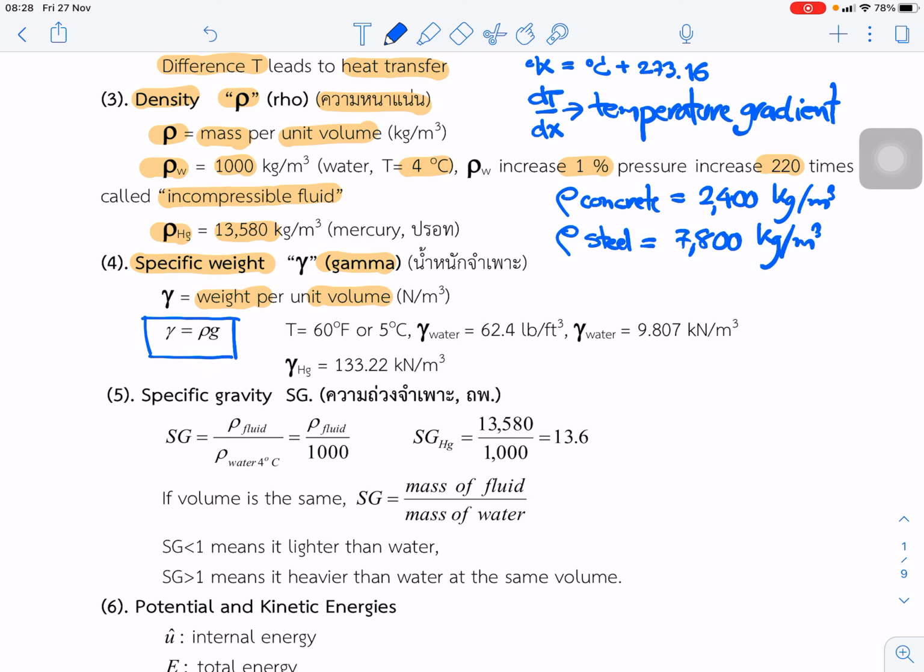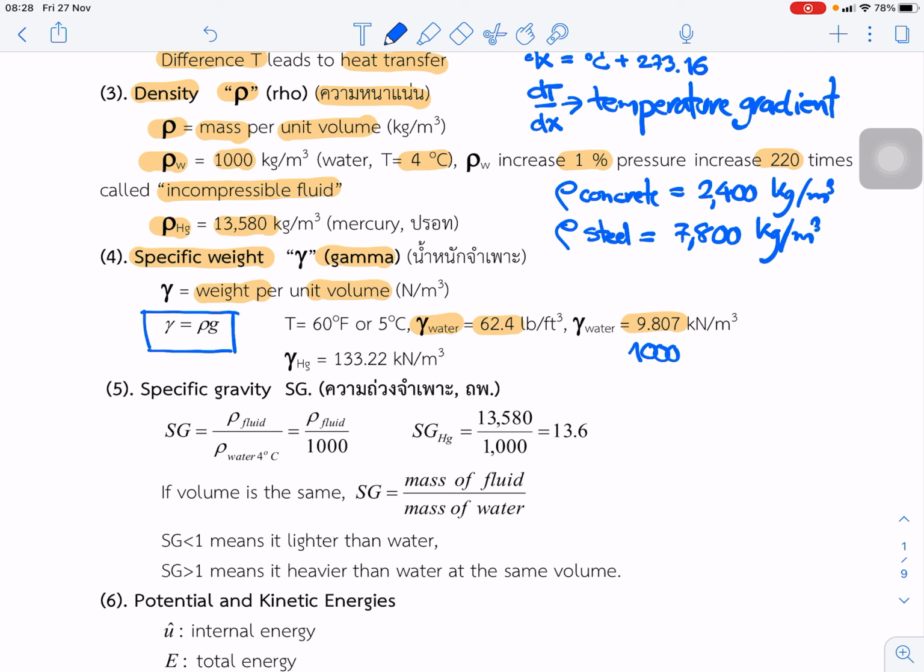For water, the specific weight is equal to 62.4 pound force per cubic foot, or 9.807 kilopascal. It comes from 1,000 kilogram per cubic meter times 9.81 meter per second squared.